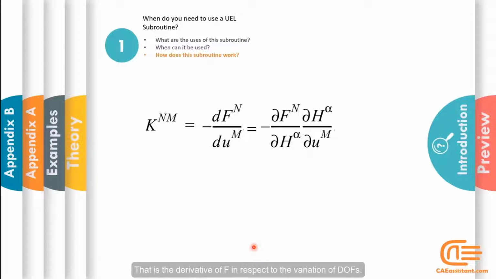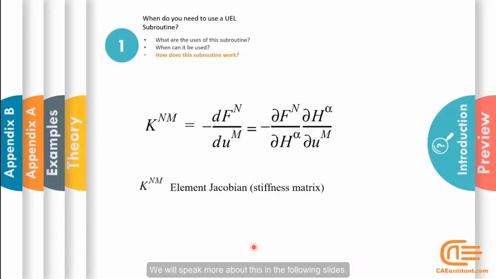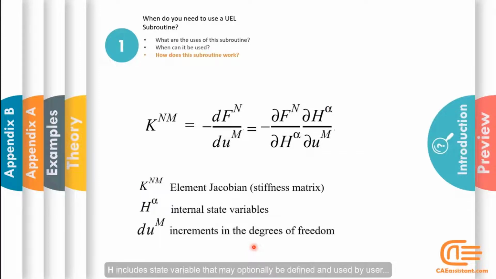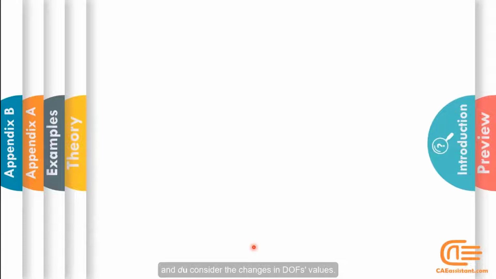That is the derivative of F with respect to the variation of DOFs. We will speak more about this in the following slides. I remind you that K is the element stiffness or Jacobian matrix. H includes state variables that may optionally be defined and used by the user, and DU considers the changes in DOF values.